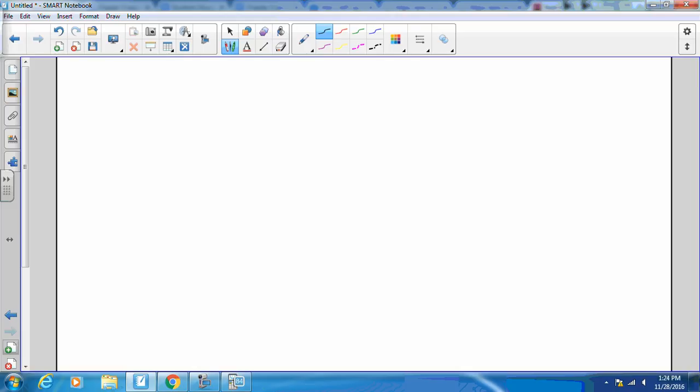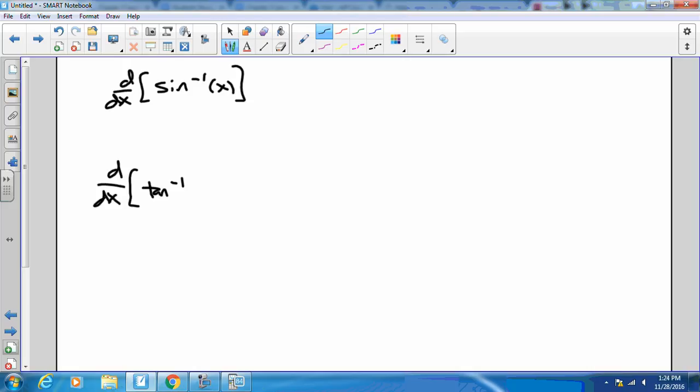We learned a lot of material last week about the inverse trig functions, but it can all be boiled down to our derivative rules. The bottom line is that you need to know the derivatives of what I call the big three: inverse sine, inverse tangent, and inverse secant.